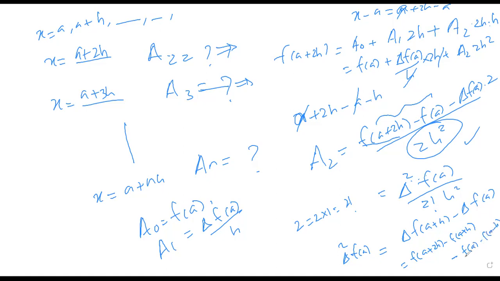Can you get this one from this? A plus 2h there. Okay. F of a there. Okay. So this one 2 times f of a.